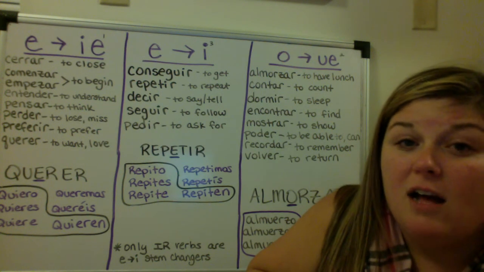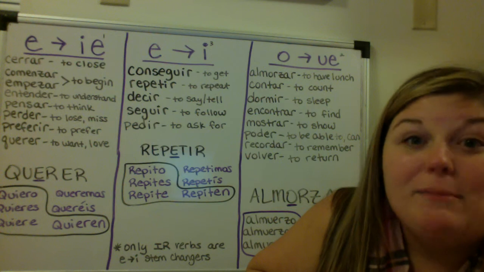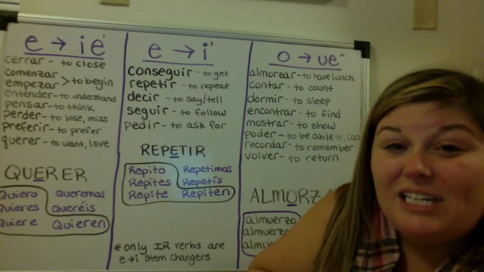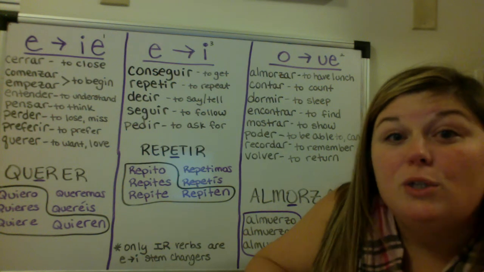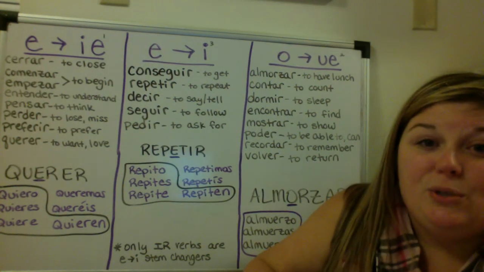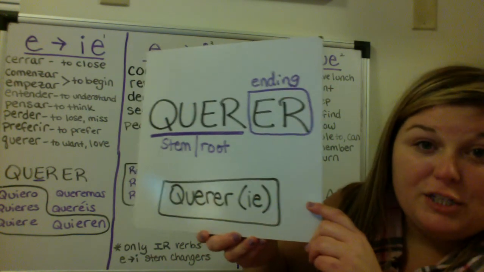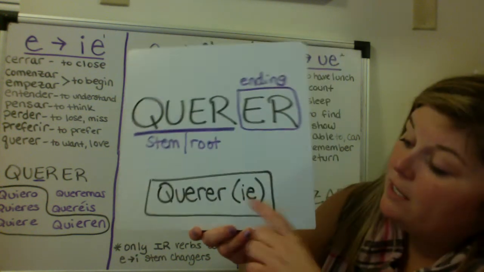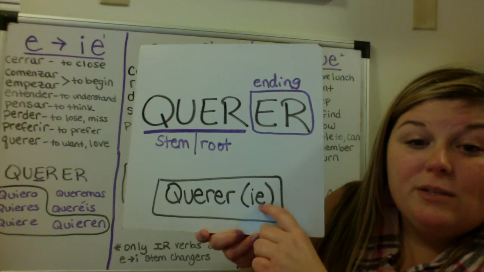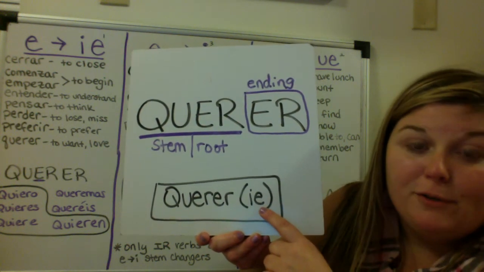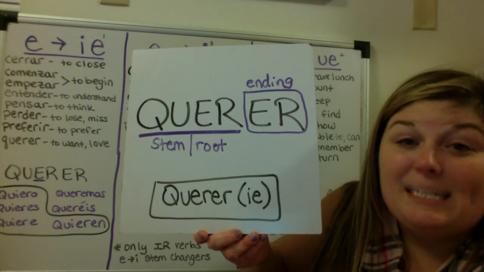There are hundreds, thousands of stem-changing verbs in Spanish. And they're so common that the dictionary even gives you a clue as to whether or not a verb is a stem changer. So when you look up a verb in the dictionary or even in your textbook, you're going to see two little vowels or one vowel sometimes in parentheses after the verb. That indicates that it's a stem-changing verb.